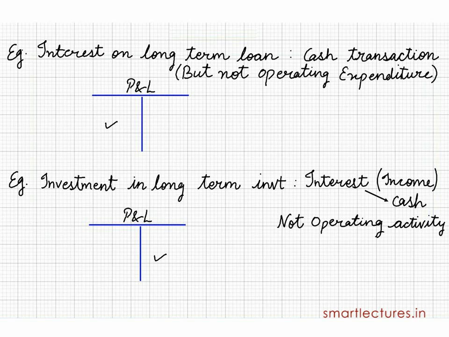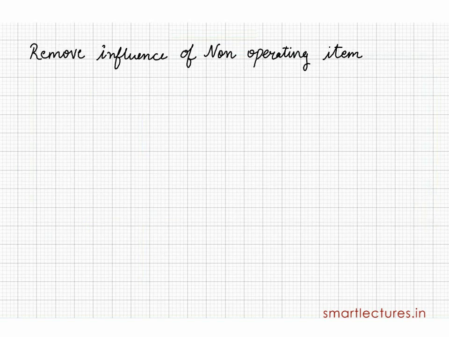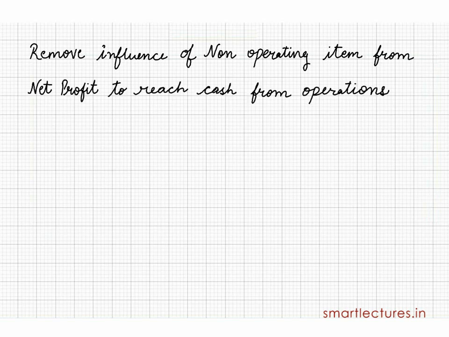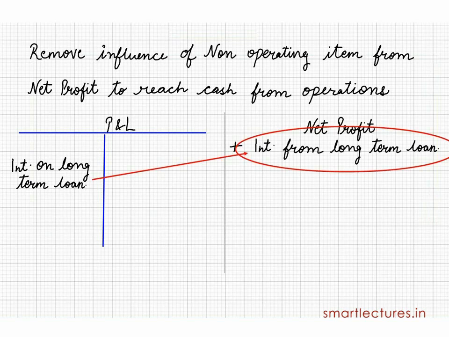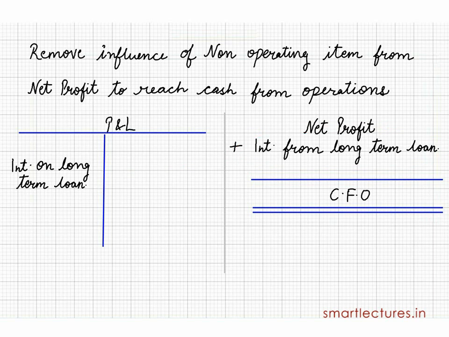So we will have to remove the influence of these non-operating items from the net profit so that we can reach cash from operation. So if you find any interest on long-term loan on the debit side, that will be added back to net profit so that we can reach cash from operation.